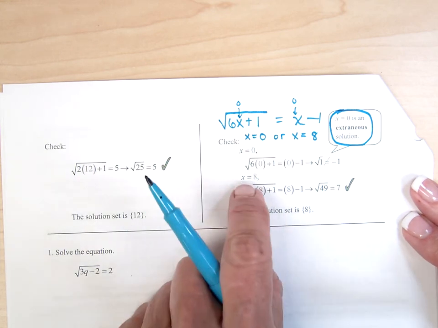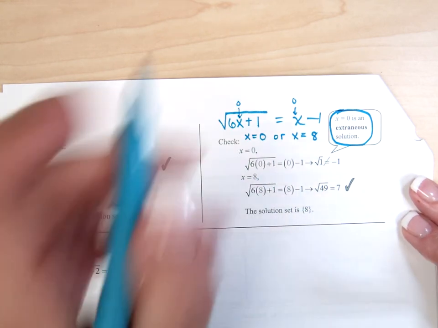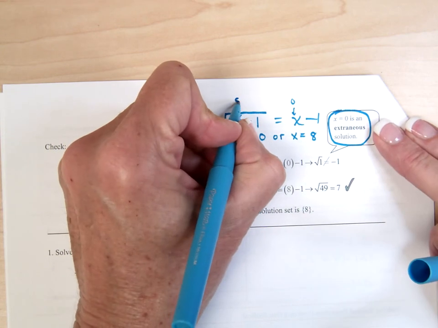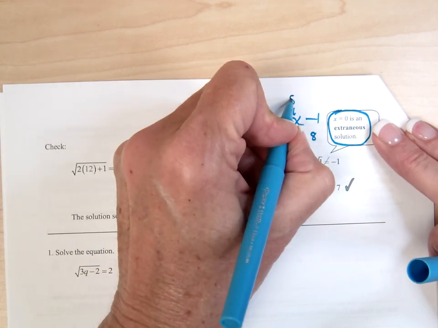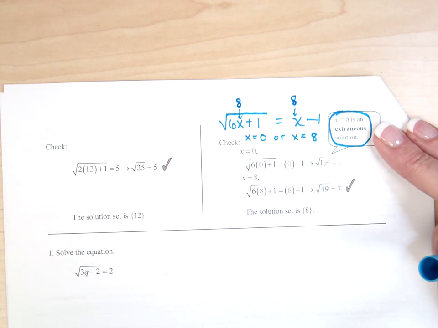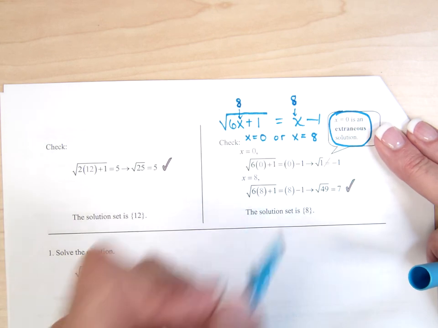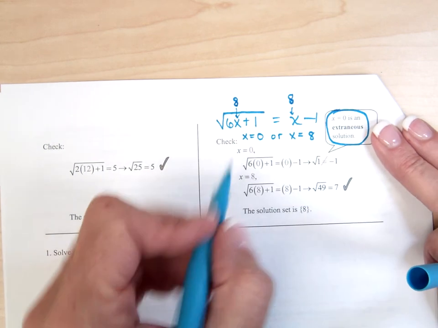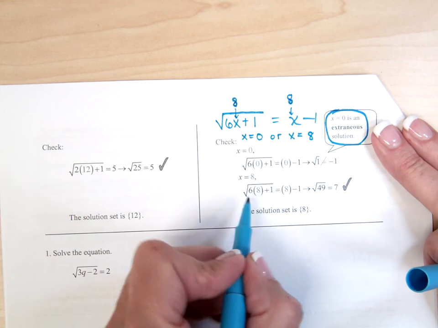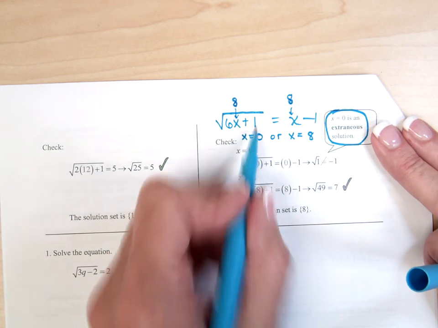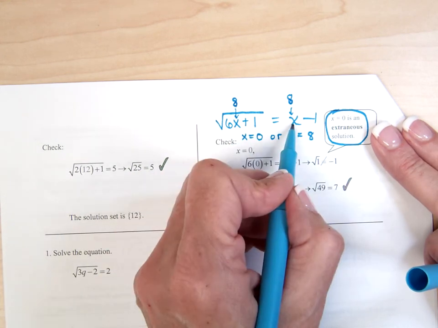Then we put 8 in. So change those zeros to 8s. Sometimes both will check, sometimes both will not check, sometimes just one will not check. So you always have to check both solutions if you get two of them. So now we're putting 8 in. 6 times 8 plus 1. Is that equal to 8 minus 1?